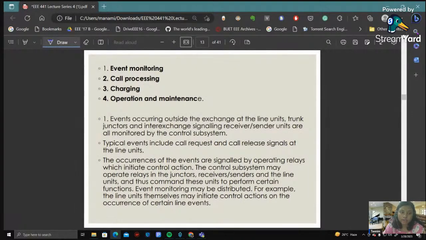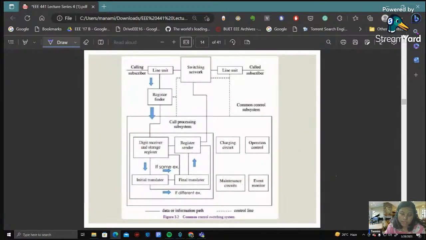Under this topic, we have event monitoring, call processing, charging, operation, and maintenance.